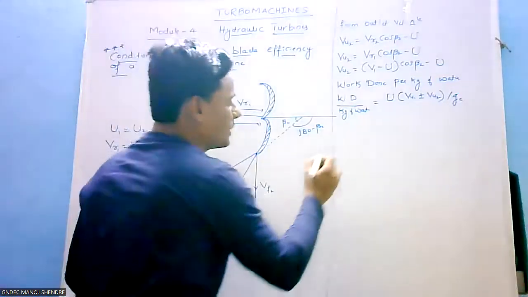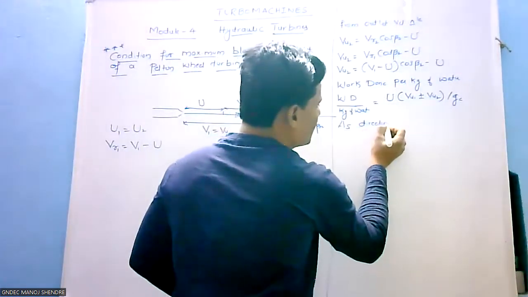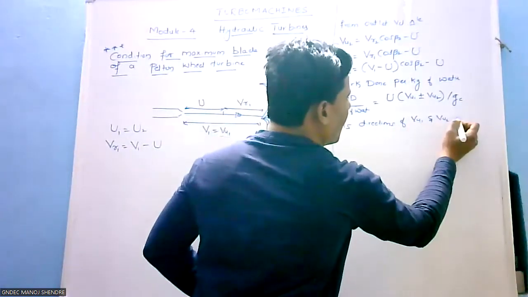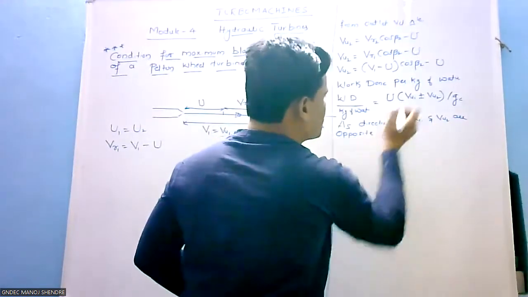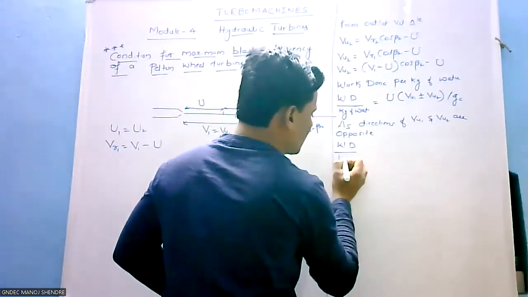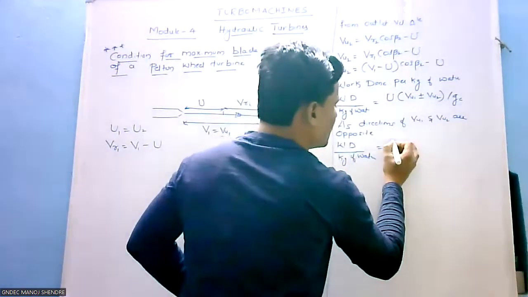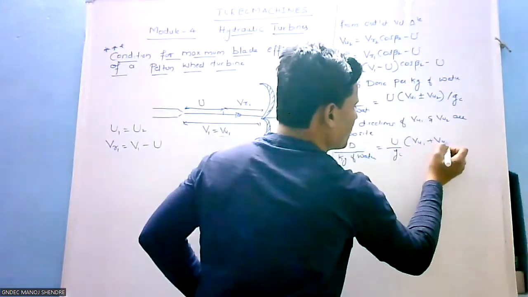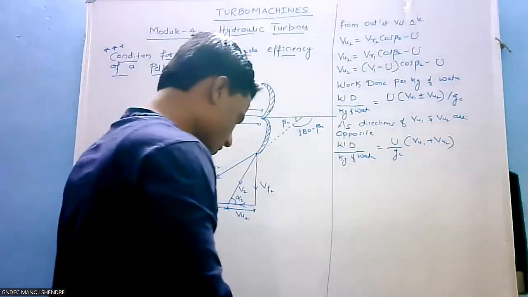So you can write down here, as the directions of VU1 and VU2 are opposite, the above equation can be written as work done per kg of water equals U by gc into (VU1 plus VU2).